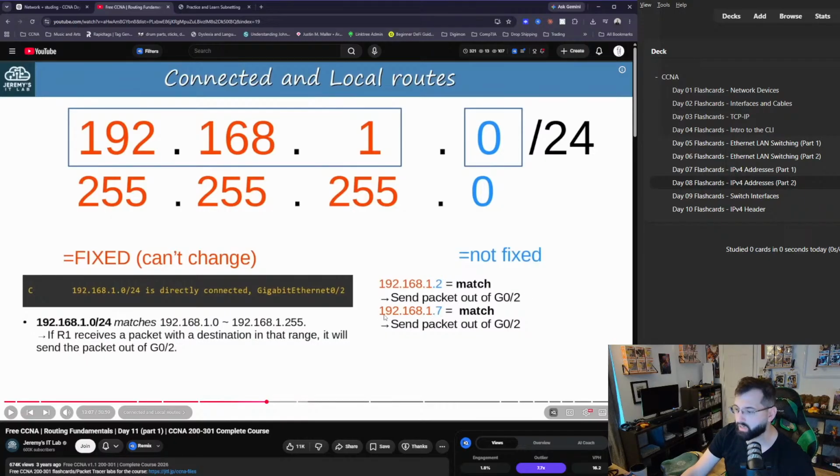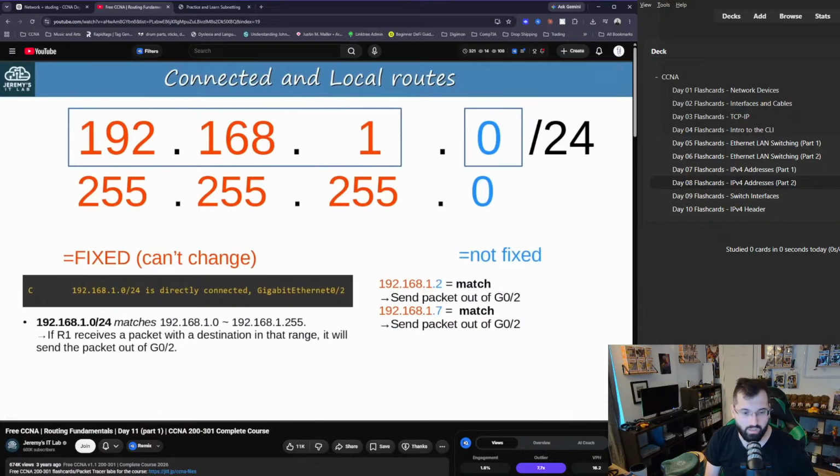Okay. But if for some reason I have a bad IP address, or maybe I manually put the IP address in my computer, and this is 192.168.2.7, it would not match. And then the router wouldn't know where to send it because it doesn't know where it is. It doesn't know what its network is because it's outside the network.